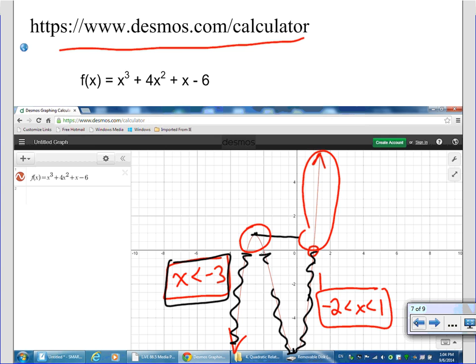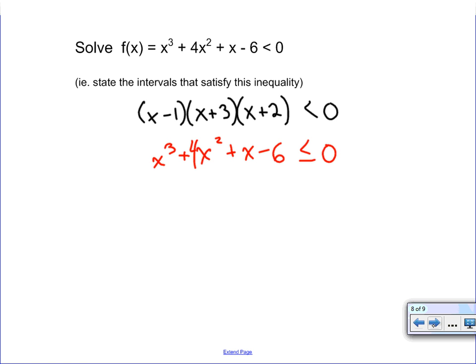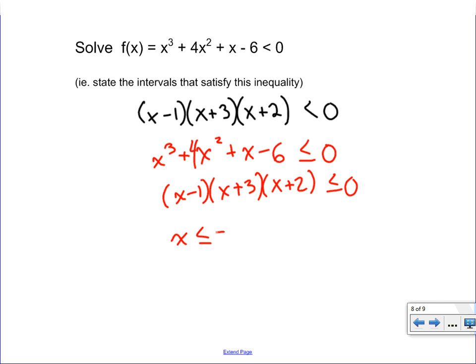So that would simply mean that our x minus 1, x plus 3, x plus 2, greater than or equal to 0, our intervals would be these, and if you like a different notation, that's this set notation, interval notation.